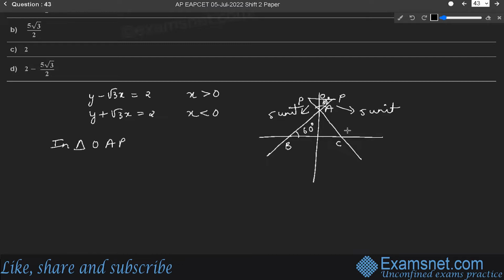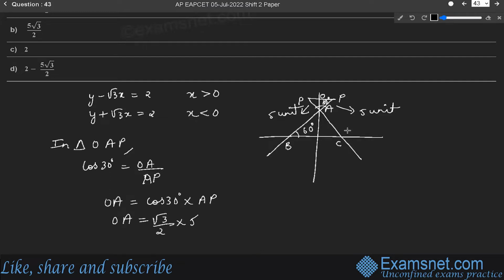So in triangle OAP, if we take cos 30, then cos 30 degree is equal to OA upon AP. So we can say that OA will be equal to cos 30 degree into AP. And we know that AP is 5 units.